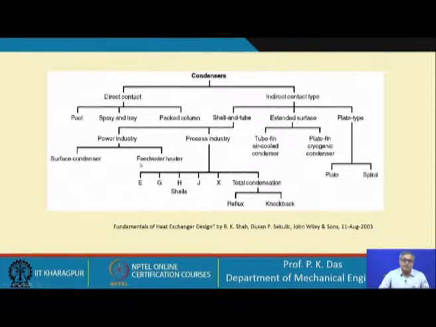Then we have the feed water heater. Most of you must have gone through some course on power plants, or you have some basic idea of a power plant. In a large power plant, particularly a utility power plant which is generating electricity, we go for feed water heating.